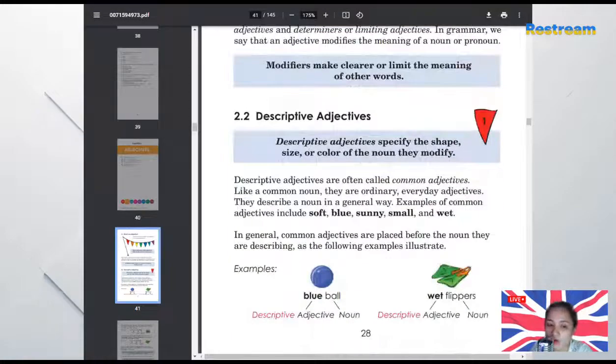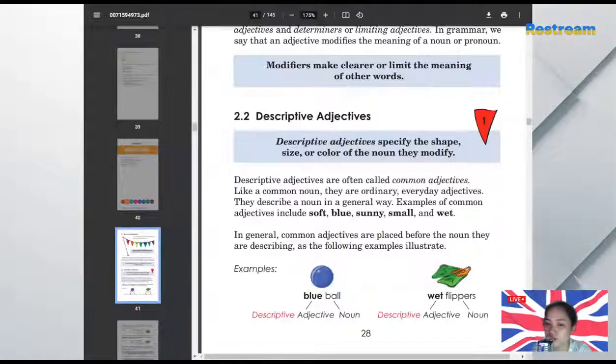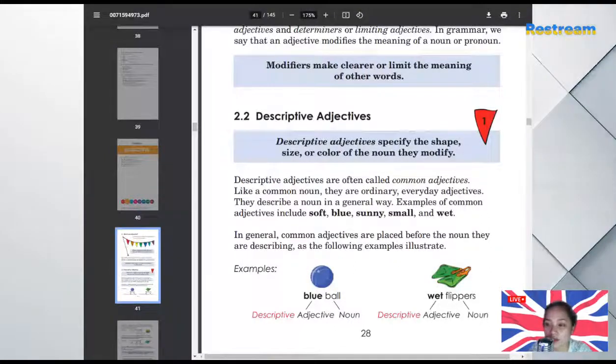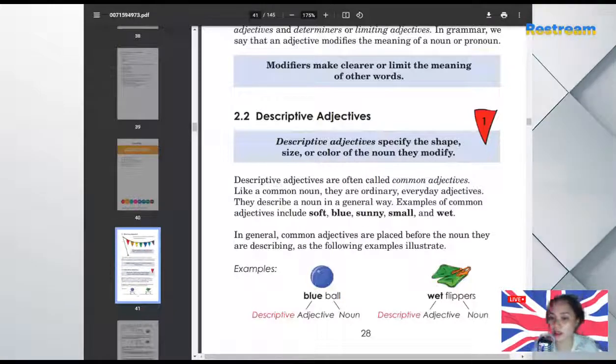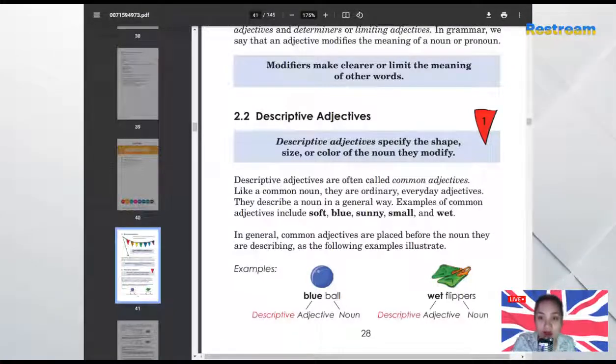If you have any examples of an adjective, you can put it in a sentence, which is much better. Then I can explain which one is the subject being described, or which one is the noun or pronoun in the sentence that is being described or modified by the adjective.